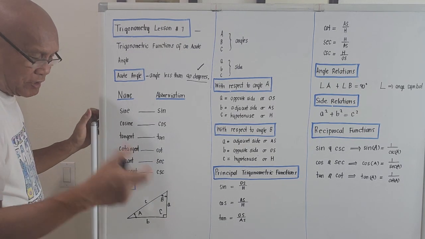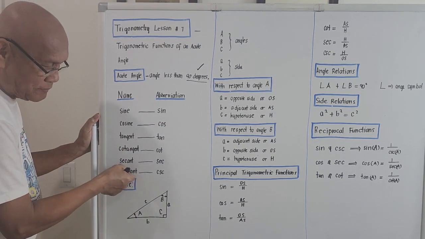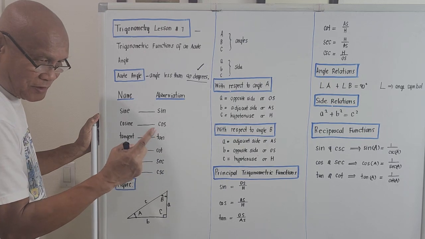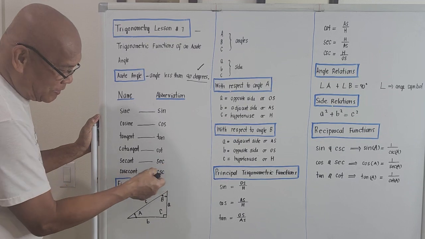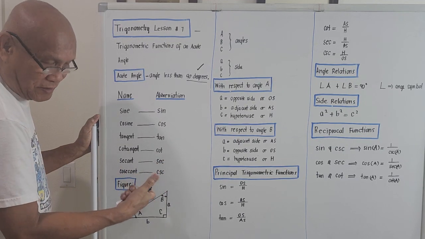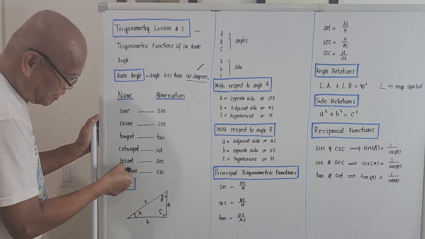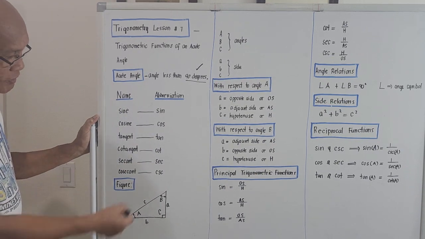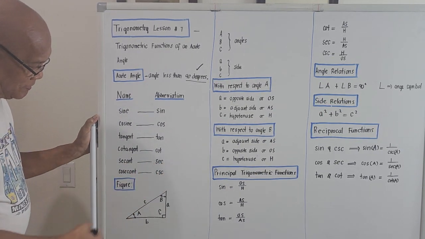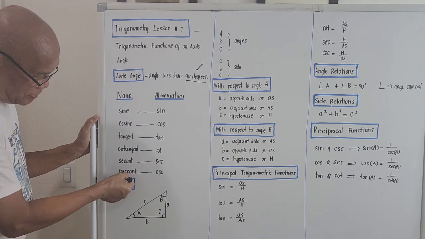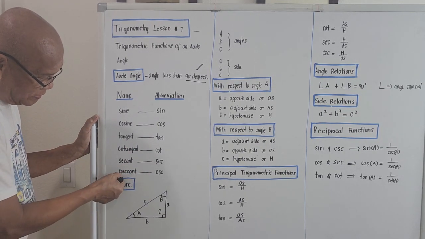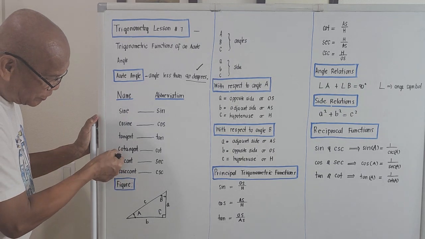Okay? Next one, secant. Secant is abbreviated SEC. But if you read this, it is not sec. It should be secant. This is just the abbreviation, right? What's next? The last one. It's the secant with an added CO, like the cotangent, right?